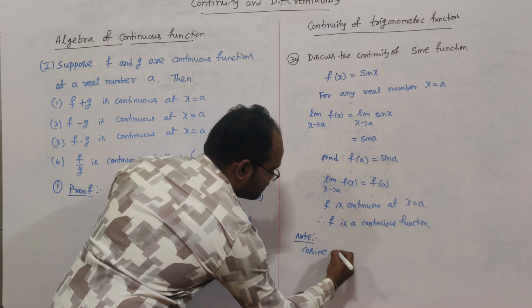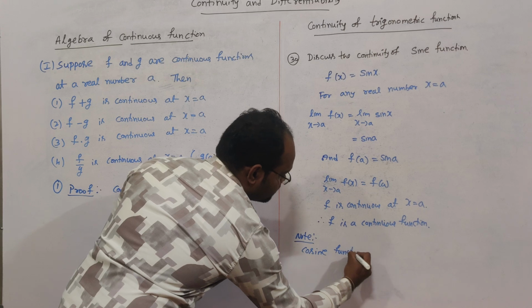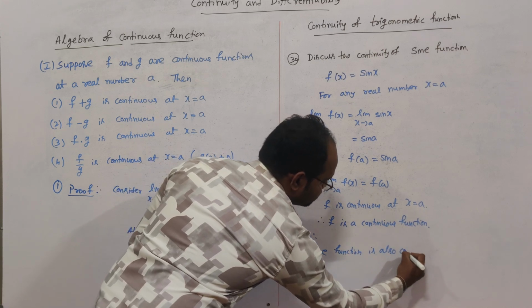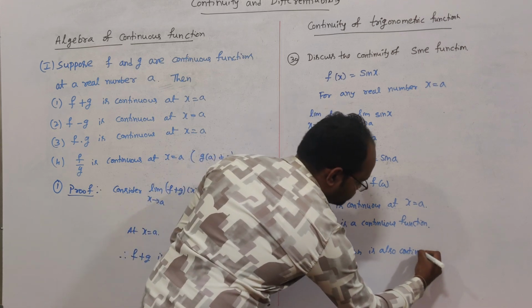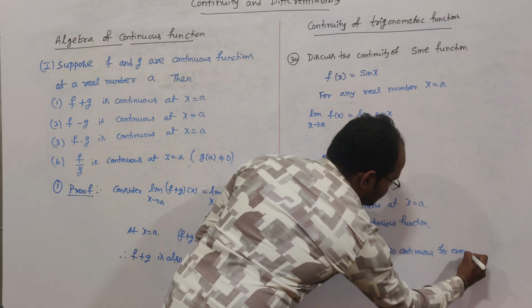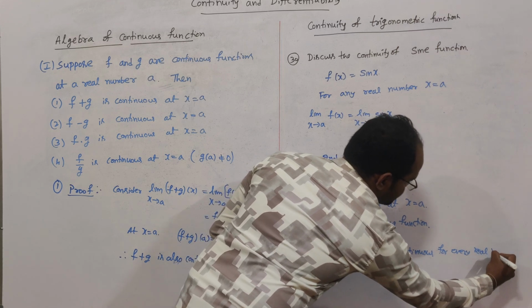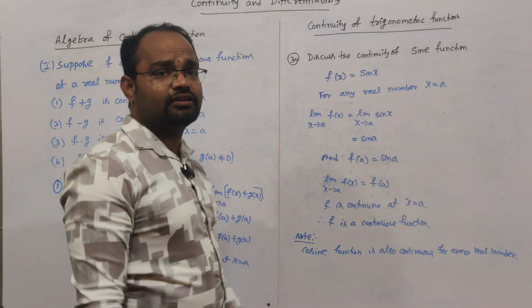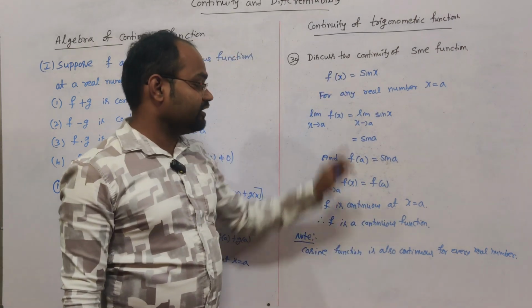Cosine function is also continuous for every real number. So sine and cosine are continuous functions for every real number.